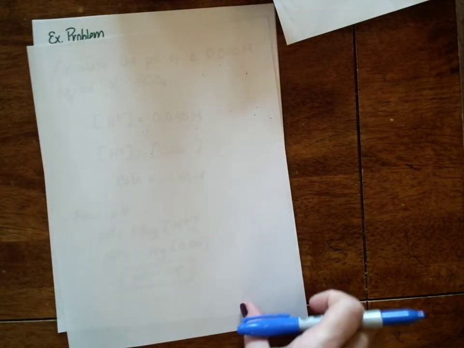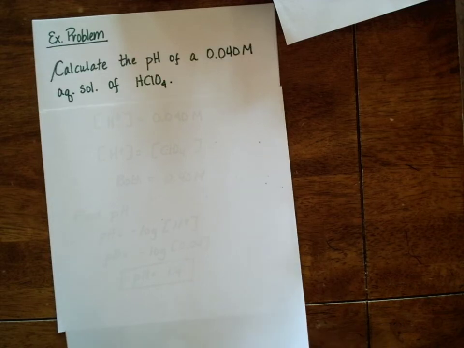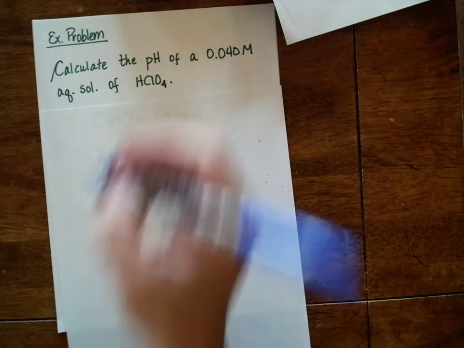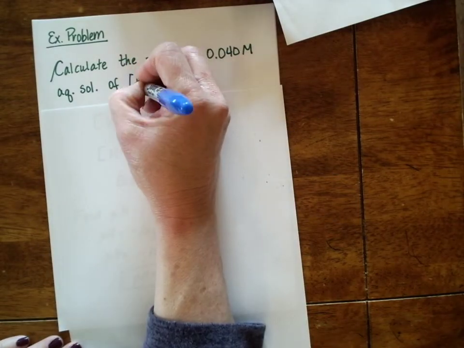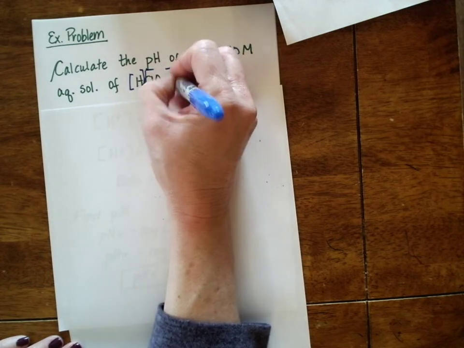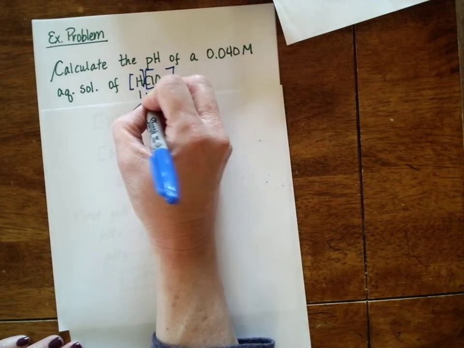So let's look at an example problem. Calculate the pH of a 0.04 molar solution of aqueous HClO4. So we're going to start this by number one, what type of ratio do I have present? Here's my hydronium. I've got a 1-to-1 ratio.